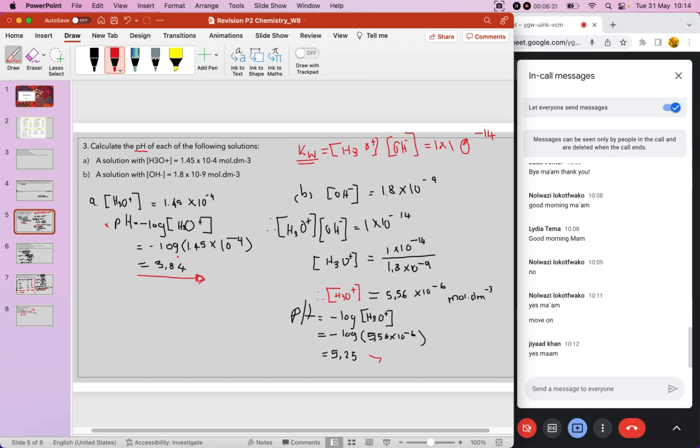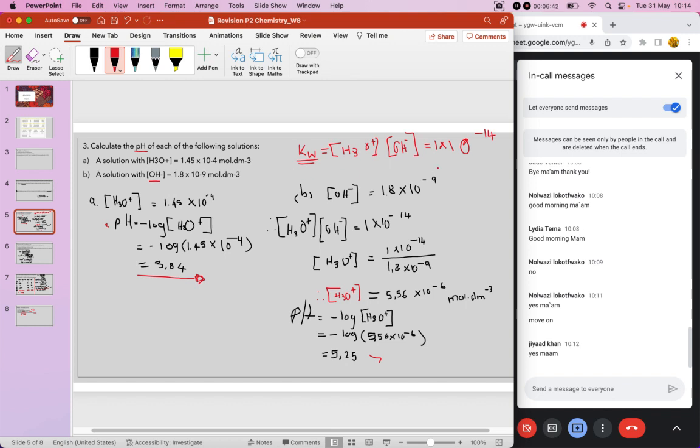And then B says calculate the pH of a solution with OH minus concentration equal to 1.8 times 10 to the power negative 9 mole per dm cubed. Now the difference with B is that we are given the OH minus concentration, not the H3O plus concentration.